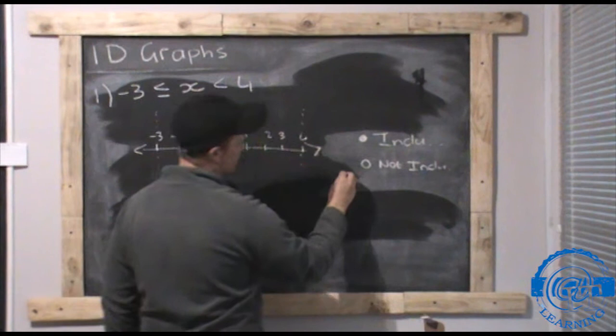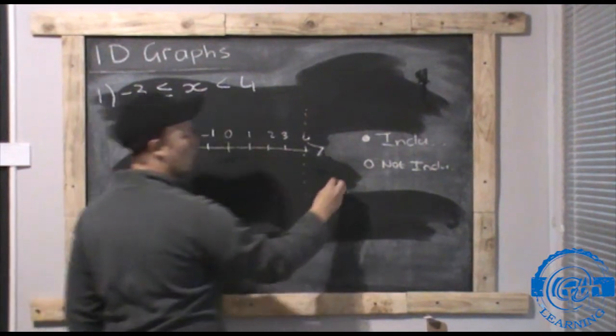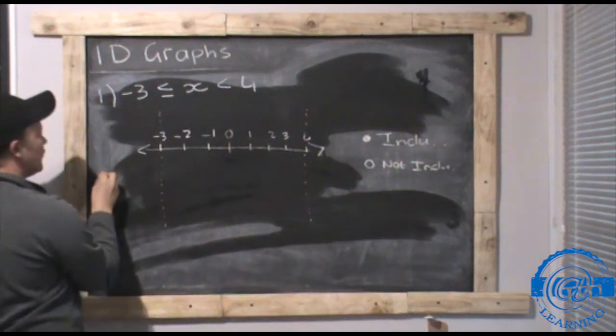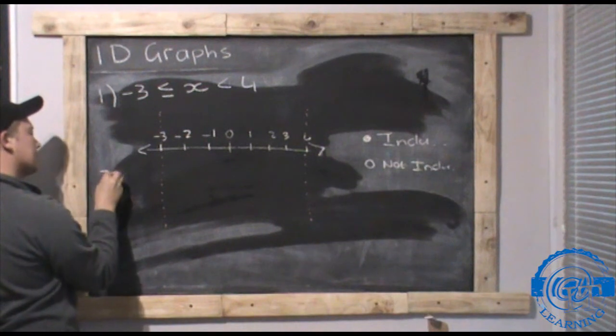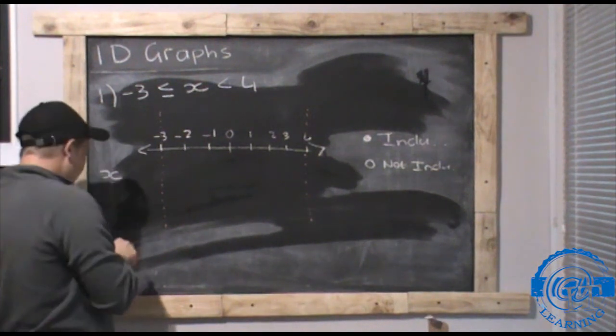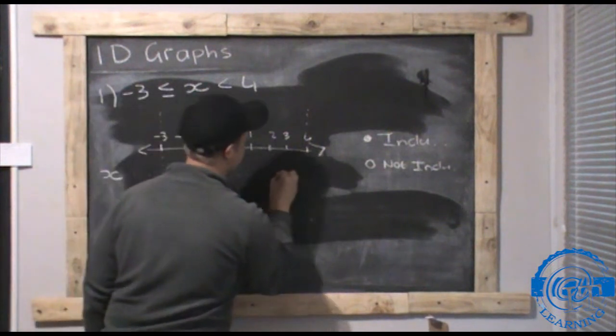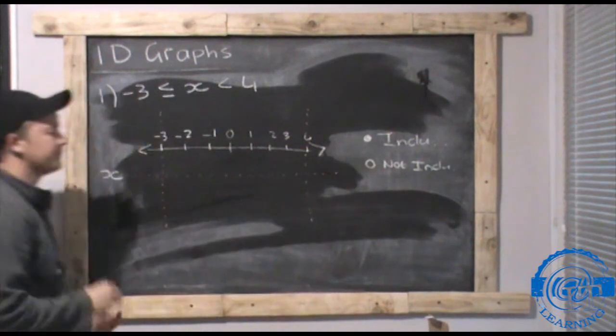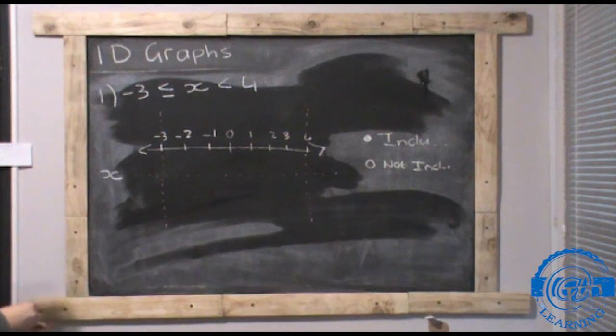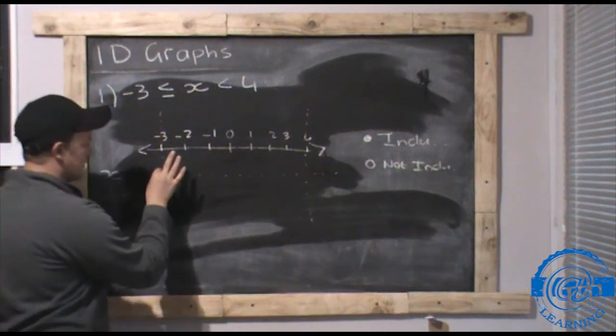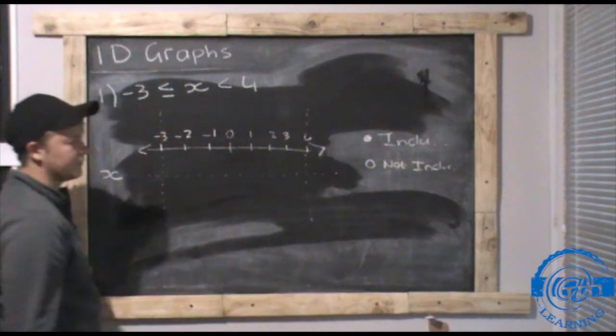Next, on the side, it doesn't matter left or right, I'm going to do it on this side, you write x, and then you bring over a horizontal dotted line. Now we know it's going to be plotted here and here.